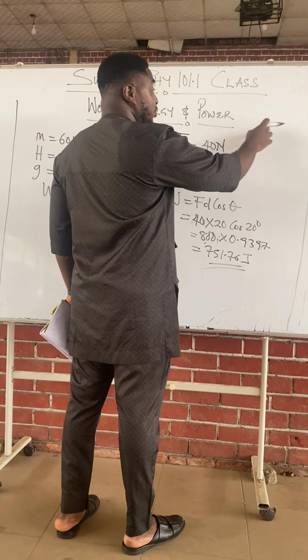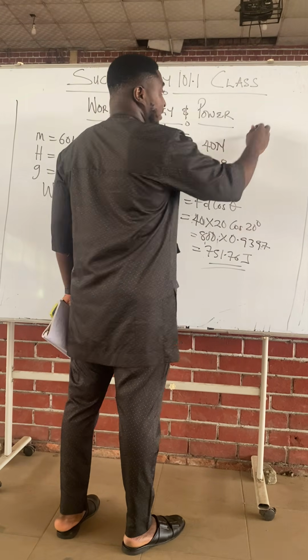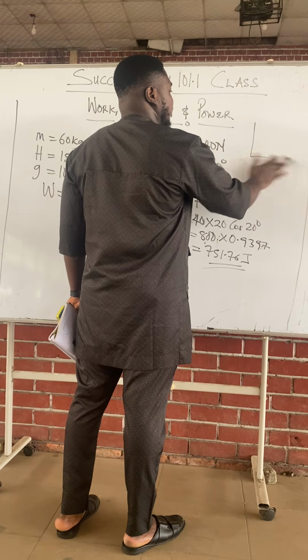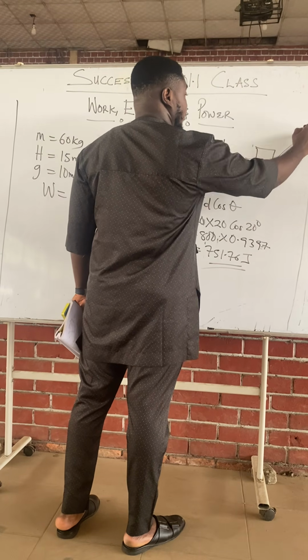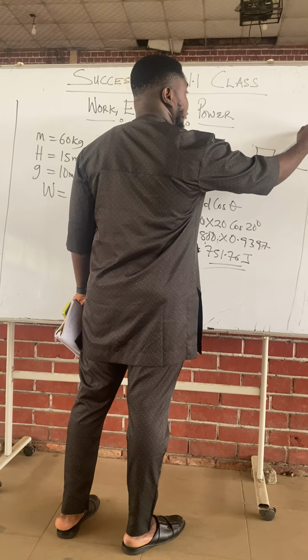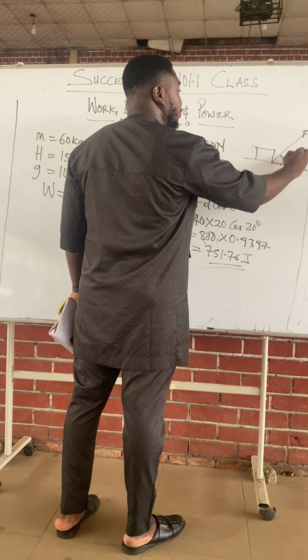If you want to go into why it is cos and not sine, I'll need to explain the horizontal and vertical components of the force. F is making an angle theta to the horizontal.